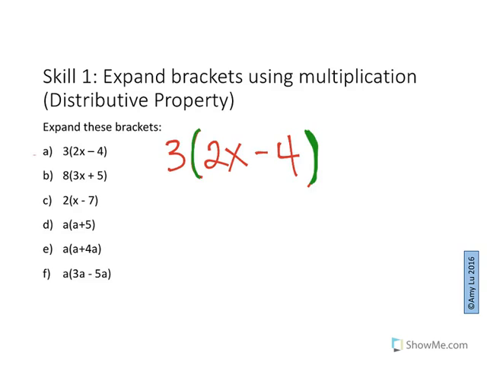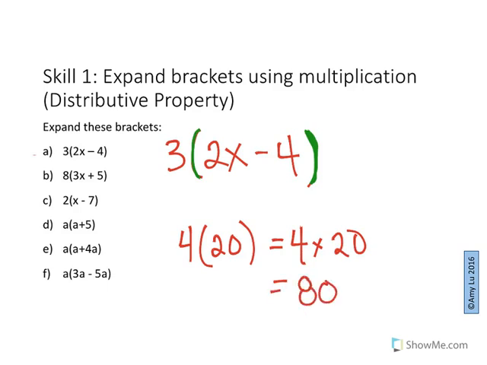So for example, if we had something more simple like 3 brackets 3, what this really means is 3 times 3, which makes 9. Another example, if we have 4 brackets 20, this means the same thing as 4 times 20, which is basically 80. So brackets means to multiply.